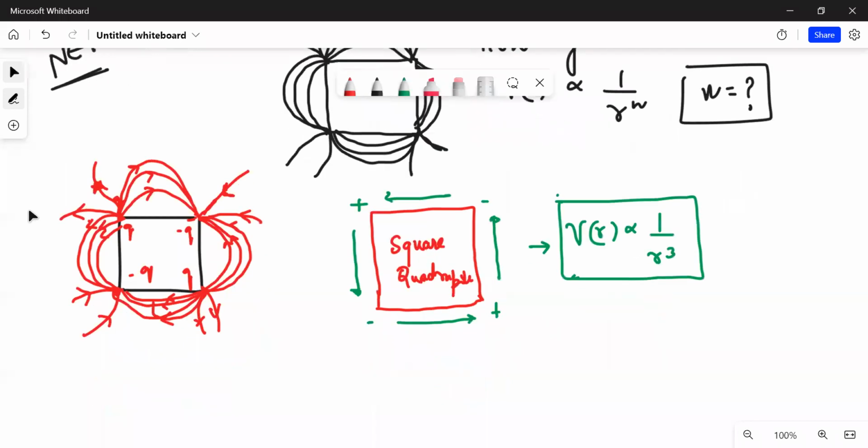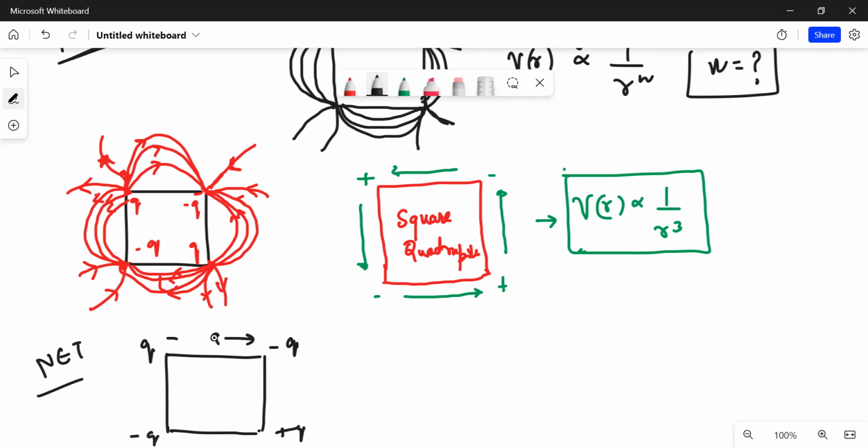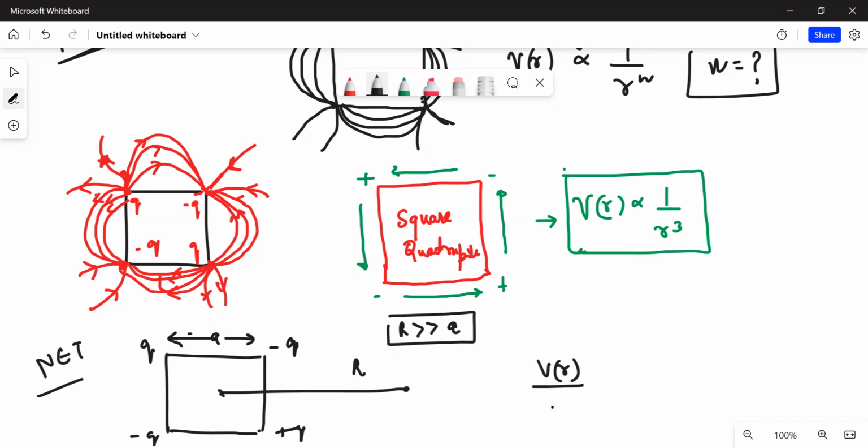Okay. Now another question, the same pattern was asked in the NET exam. If this is plus q, this is minus q, this is plus q, and this is minus q, and let's say this is a, and I'm talking of a distance r which is way greater than a, then what should be the ratio of V(R) upon V(2R)?